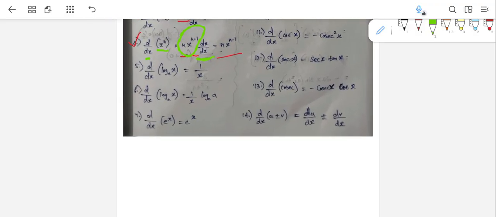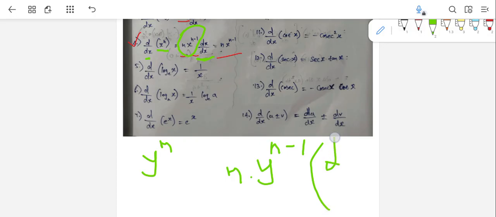Okay, so if you have y power n, its differentiation is not going to be the same thing, n into y power n minus 1. Here it changes. So dy by dx.